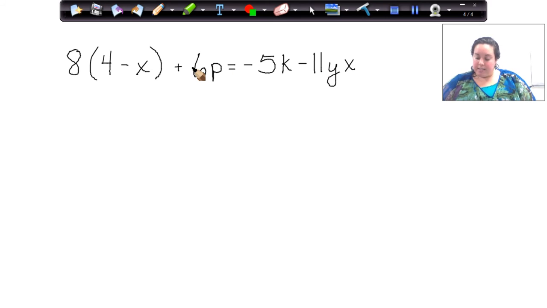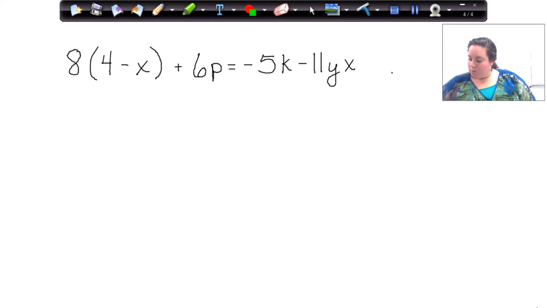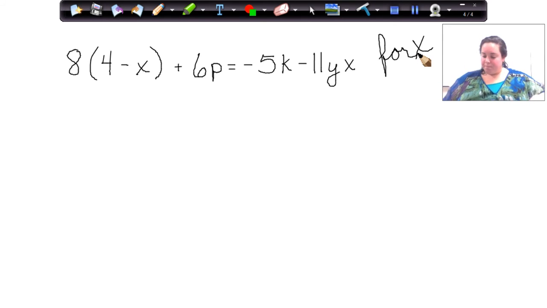Let's look at one more example of an equation. In this one, there are several variables, and we want to solve for x. Get x on the side by itself. Let's start by the same thing.